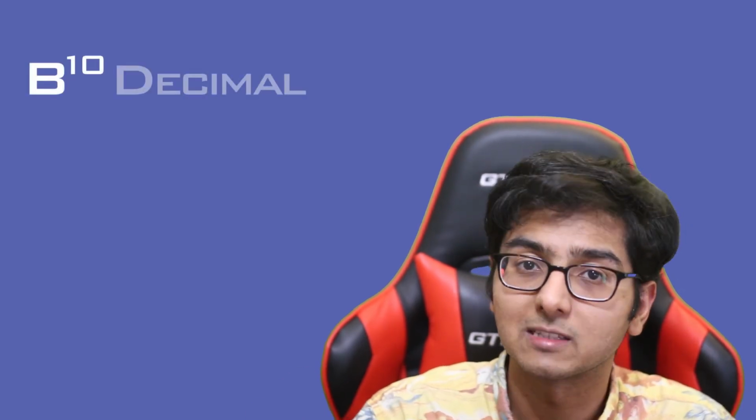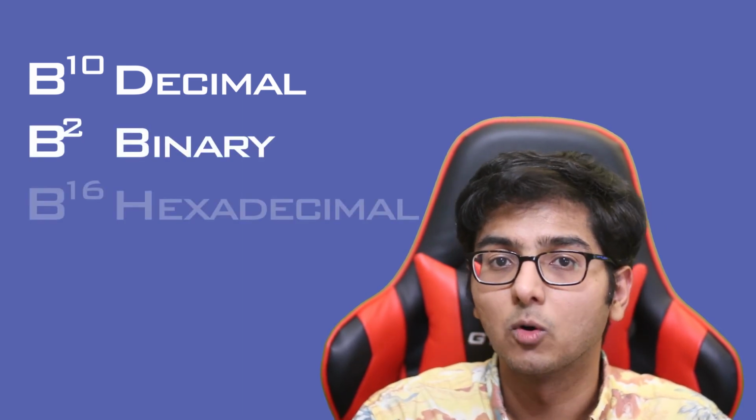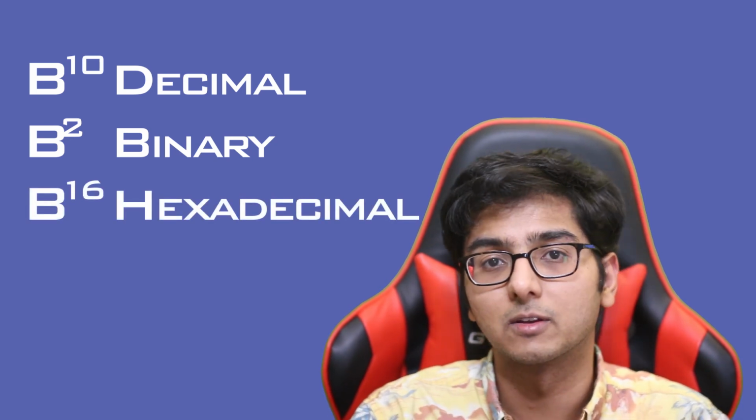So hopefully that's enough information to get you to understand exactly what the base 10 or decimal numbering system is, the base 2 or binary numbering system is, and what the hexadecimal or base 16 numbering system is.